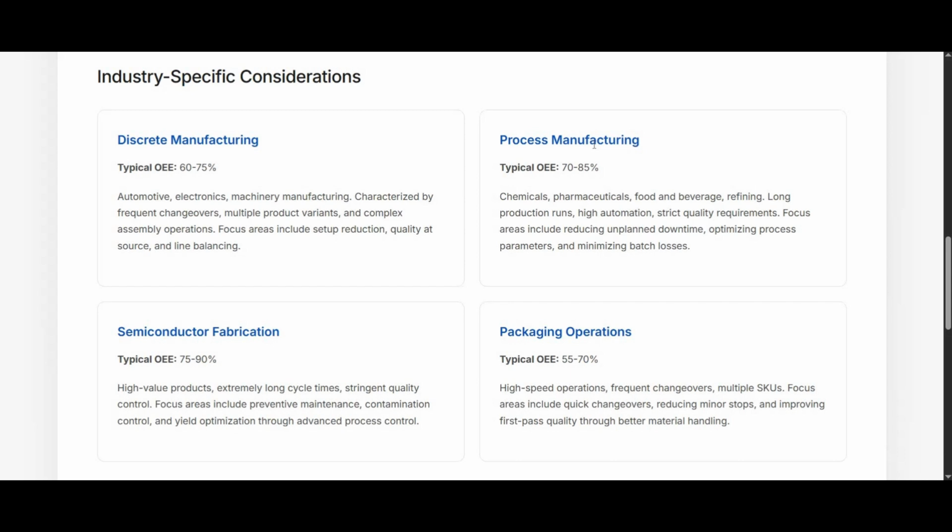And since unplanned downtime can disrupt entire batches and cost millions, focus areas here include reducing equipment failures, fine-tuning process parameters, and minimizing batch losses. Predictive maintenance and real-time process monitoring make a huge difference here. Essentially, consistency and control are the name of the game.